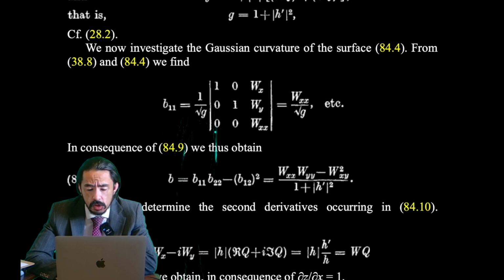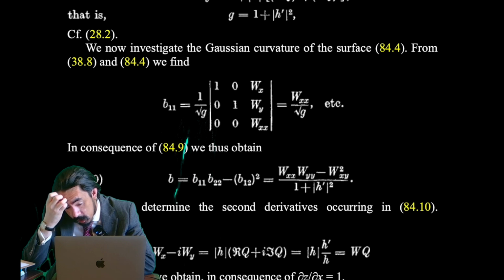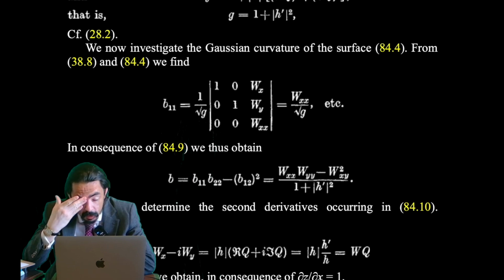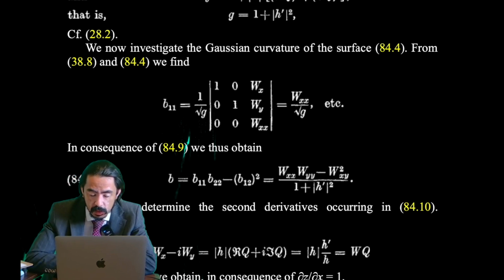Multiply that onto a 3 by 3 determinant. I wouldn't exactly call it sparse, but we've got 4 out of 9 entries being a 0, so I'm going to read them all column-wise now. In the first column of this 3 by 3 determinant for our second fundamental form component, we have 1, 0, 0, and then we have 0, 1, 0 in the second column, and in the third column we have capital W sub x, then capital W sub y, then capital W sub xx.